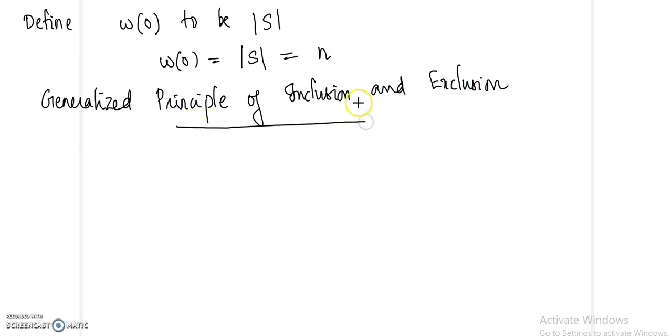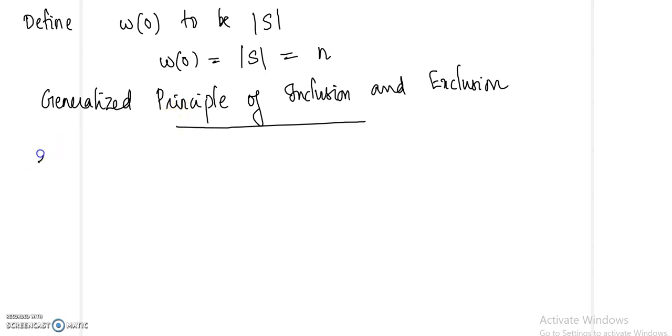So we have a universal set and some properties defined on the set. Then we have defined E of m to be the number of elements possessing exactly m properties, and omega of m is the summation over omega of any m combinations.